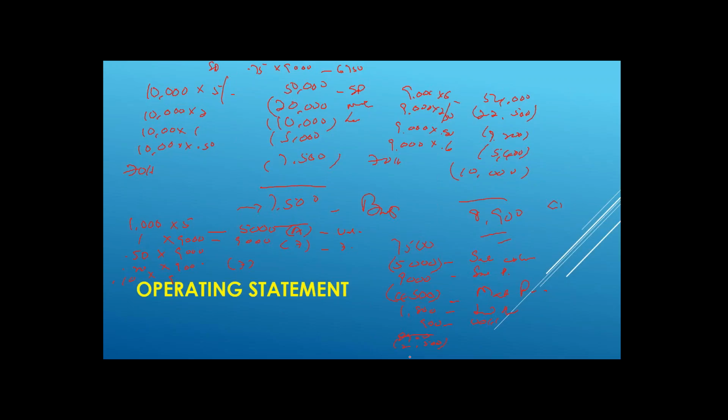We have a plus 1,800, which is the labor rate variance, more profitable. And on the variable overheads, we have 900 adverse. And we have a 2,500 fixed overhead adverse variance. So when you deduct all that, you should be getting the answer 8,900.